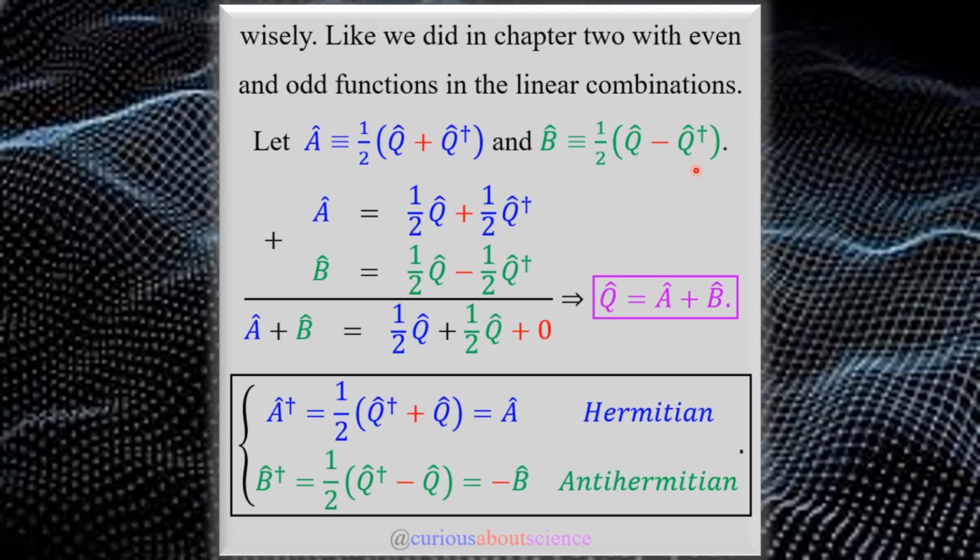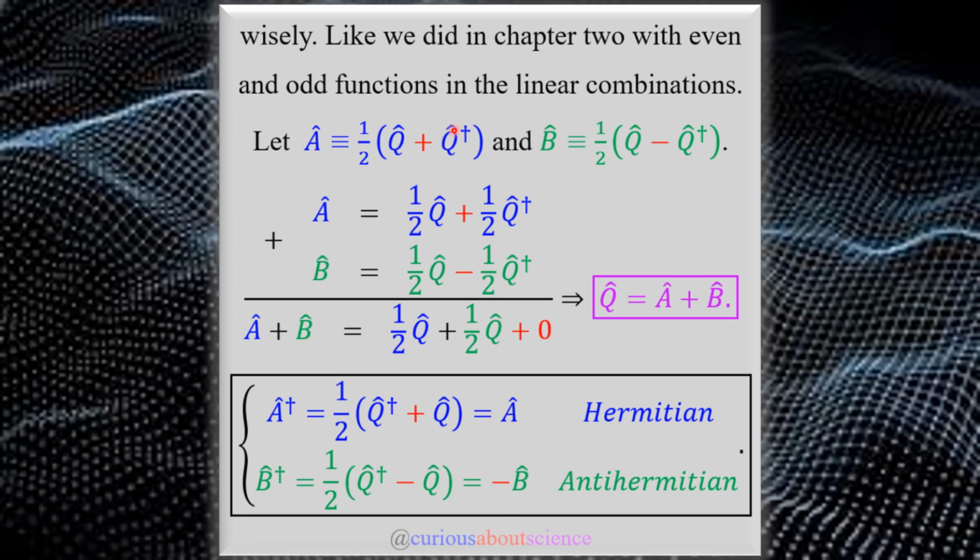Okay, so here, if we say that we're adding these two things together, A and B, we see that here we just get 1/2, 1/2, so that's a 2 right there. So we're able to define Q in terms of A and B, which are defined as such, and now we just need to verify that the way we set up A and B are Hermitian and anti-Hermitian. So clearly, if I take the dagger here, I end up with a Q dagger here plus a Q dagger here.